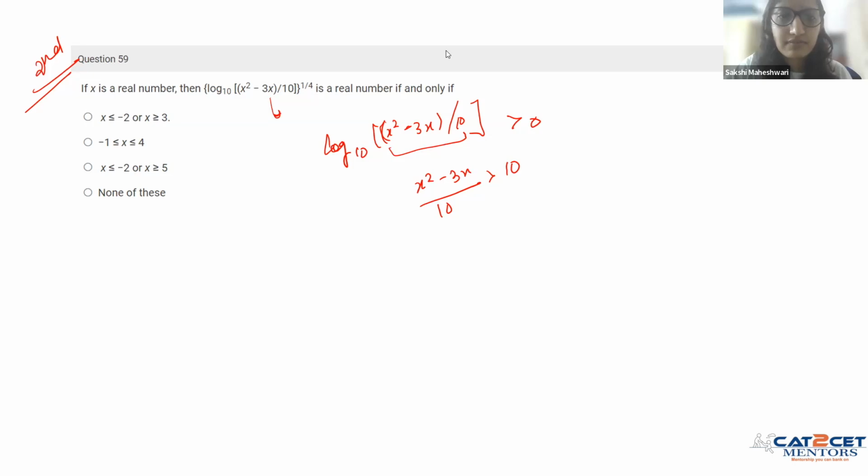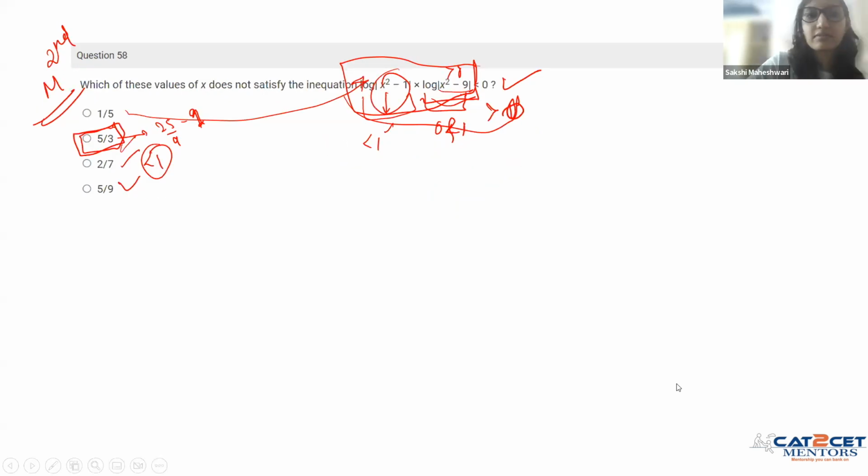So when will this be negative? Okay, let me go back. See, about log, assume log x.